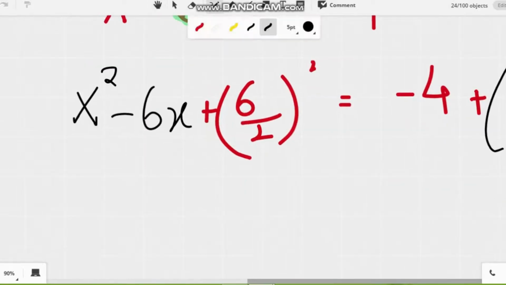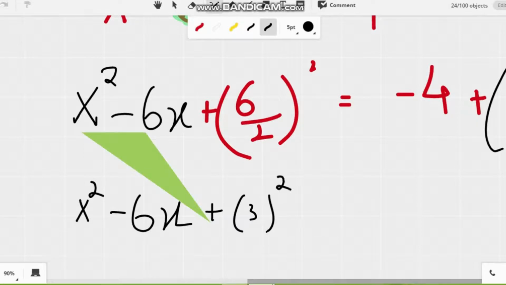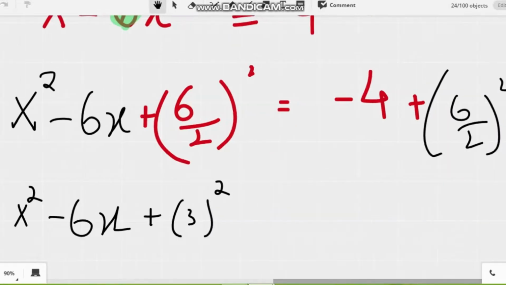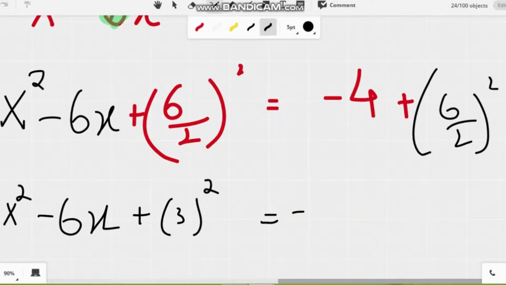After that, 6 divided by 2 is 3, so 3 squared, equals negative 4 plus 3 squared.